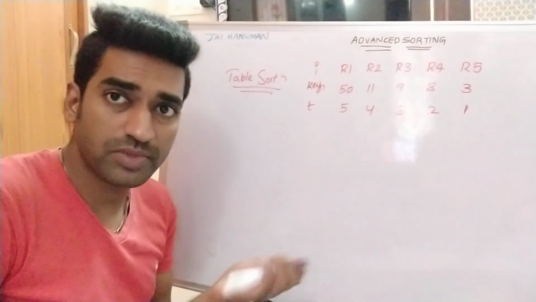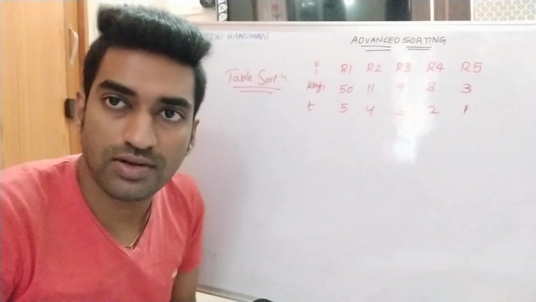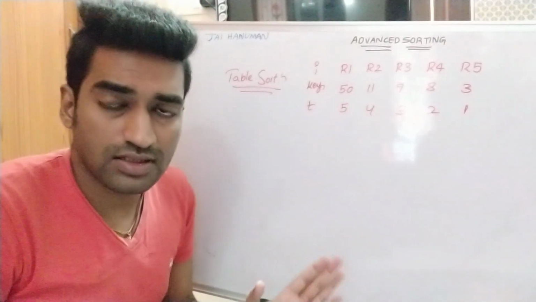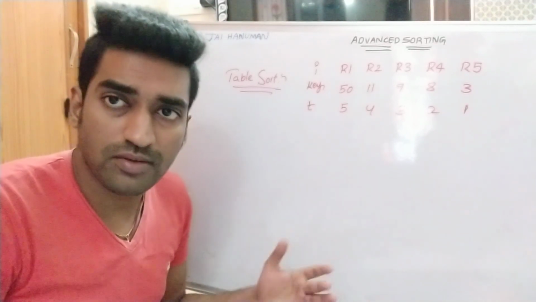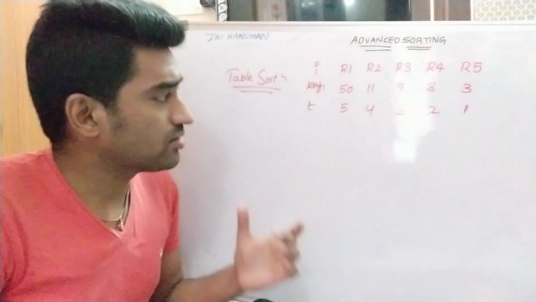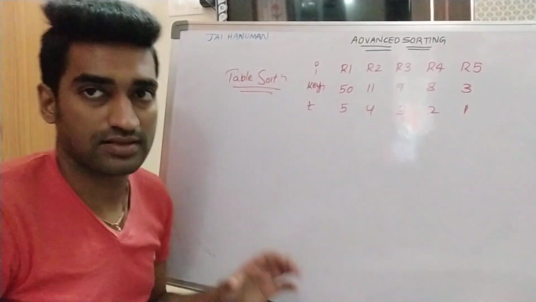Yes, hi friends. In previous sessions, we already discussed one more advanced sorting concept, that is list sort, right? That list sort technique is not well suited for merge sort as well as quick sort mechanisms. So for merge sort and quick sort mechanisms, we are using the table sort technique, right?